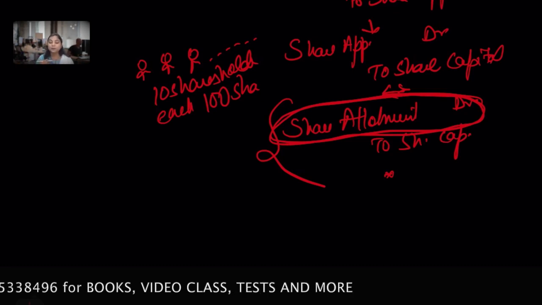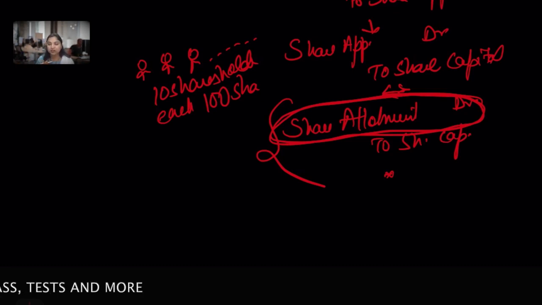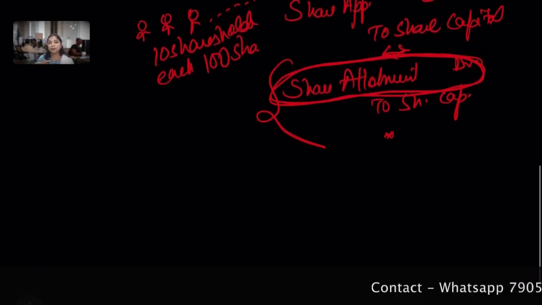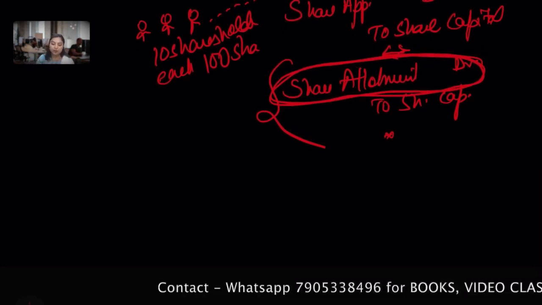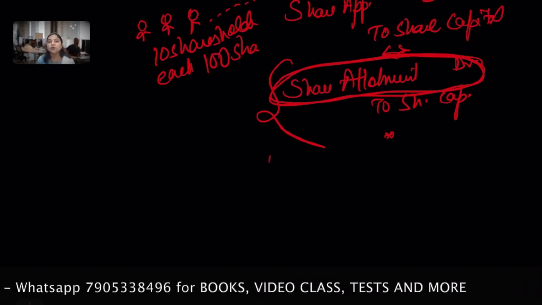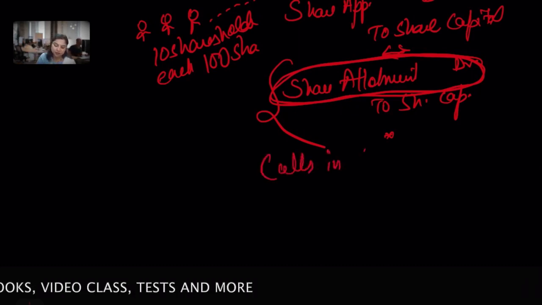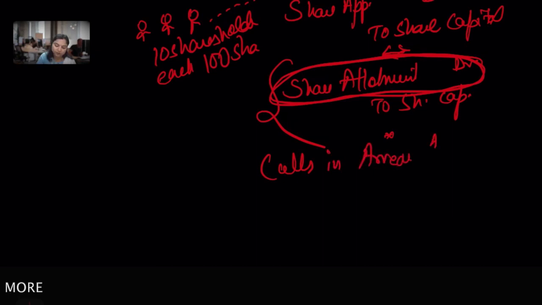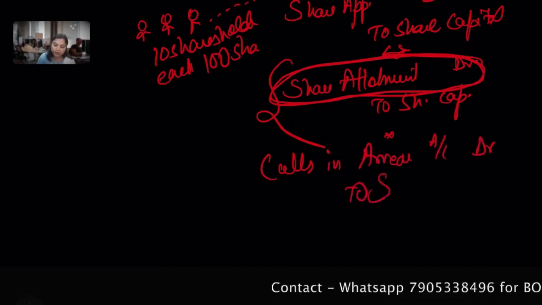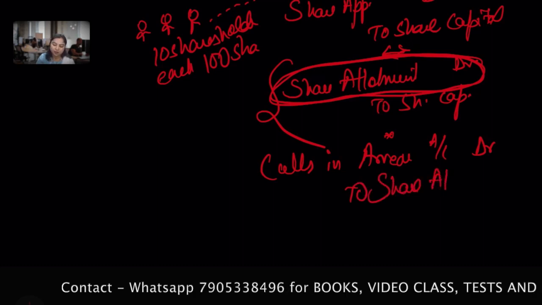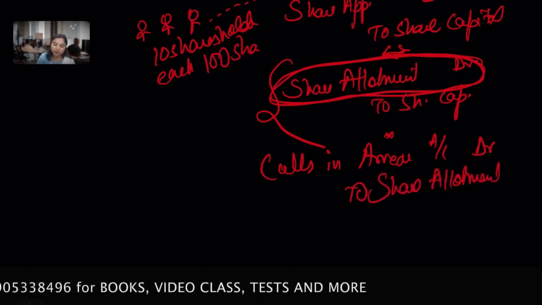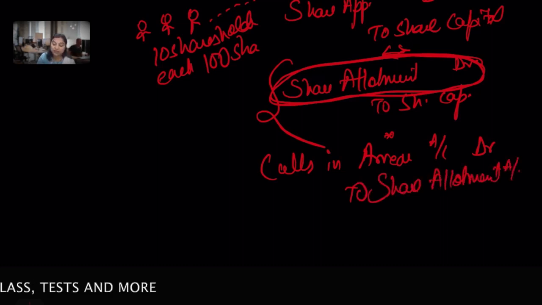But I'm a company. I have to pass a journal entry in my books. So what I have to do is, Mr. X failed to pay me. So I have to pass an entry for calls in arrear when there is an arrear: calls in arrear account debit, calls in arrear account debit to share allotment. I want you to understand, do not memorize.